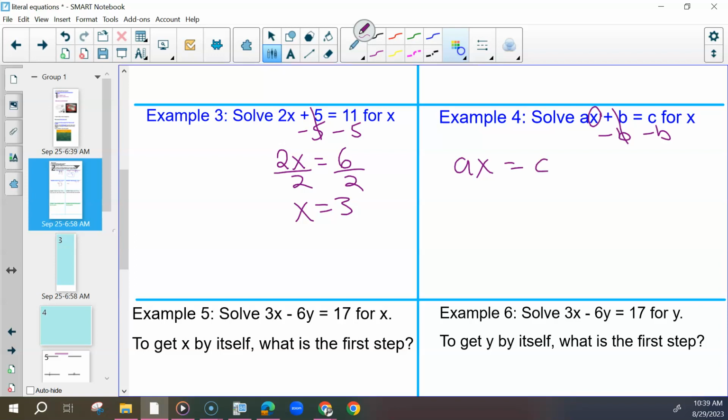They are not like terms. So we cannot combine them. We just rewrite. We still have to get x by itself. How would we do that? Divide everything by a. Again, not like terms, so we're just rewriting. It looks weird. It doesn't have an actual answer, but that is our answer. I should say an actual number answer.